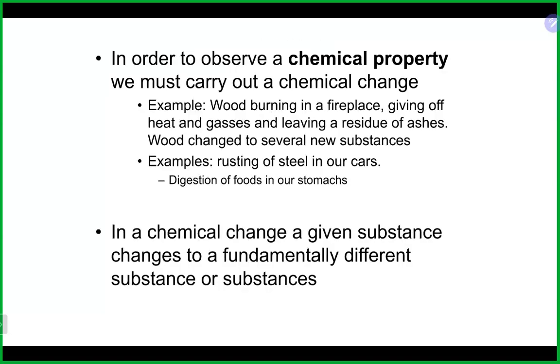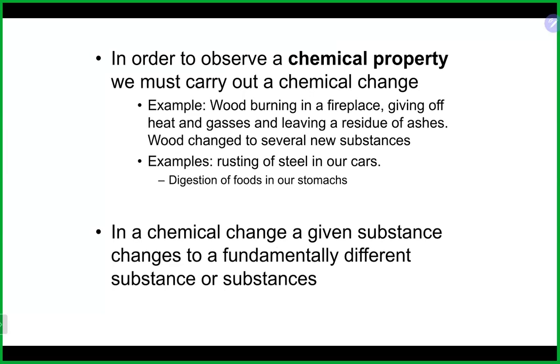Now, a chemical property, which is associated with a chemical change, is basically a property of a substance, how it does change chemically, or how it can resist some type of chemical change.